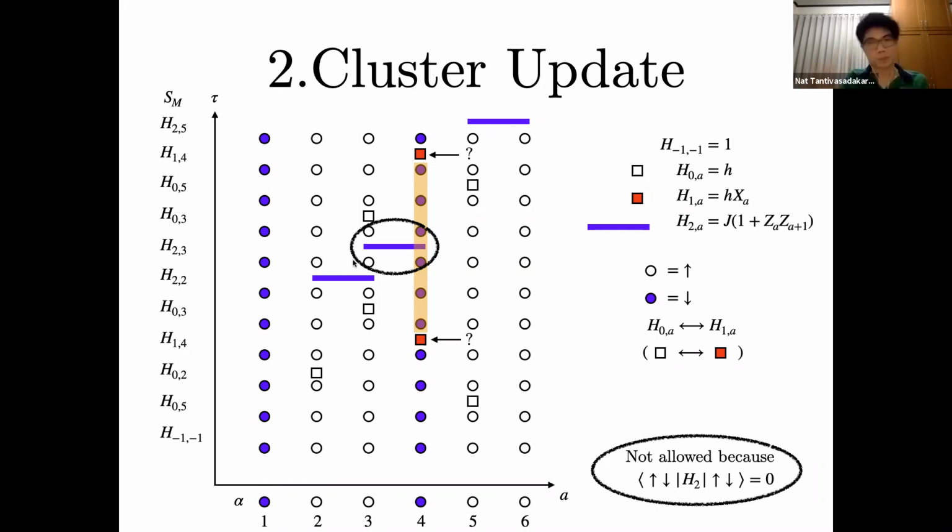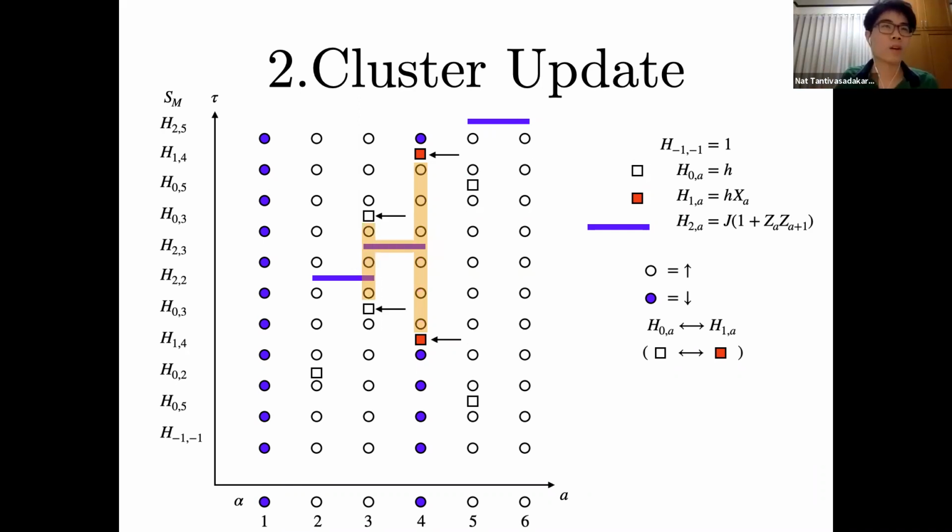So the way to fix this is that instead you have to also flip this entire row of spins, which implies that you also have to switch between H identity and HX. So you have to flip all these spins and change these two. And you can see that you also run into the next Ising operator. So by the same logic, you also have to flip everything here as well.